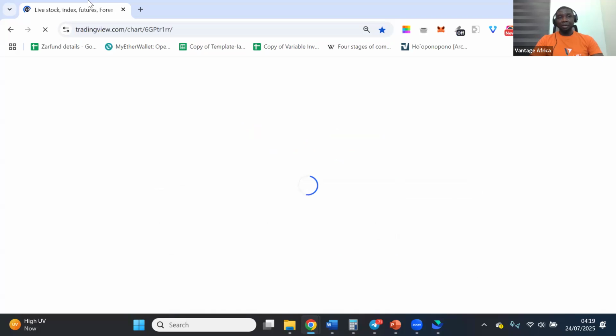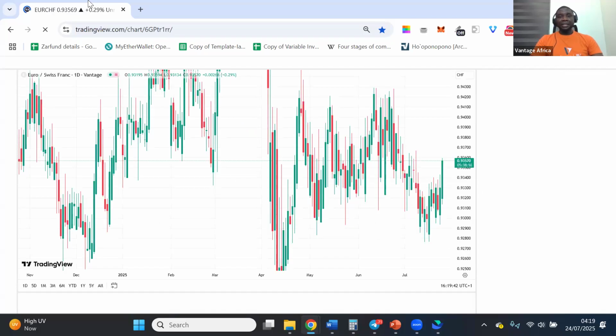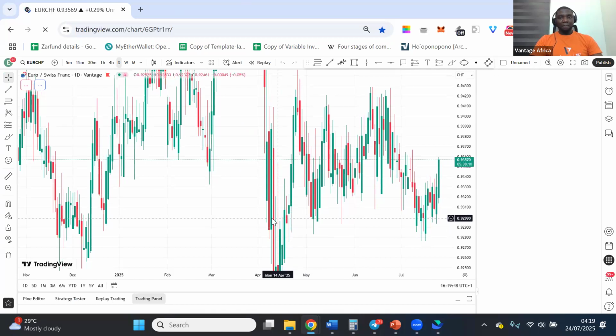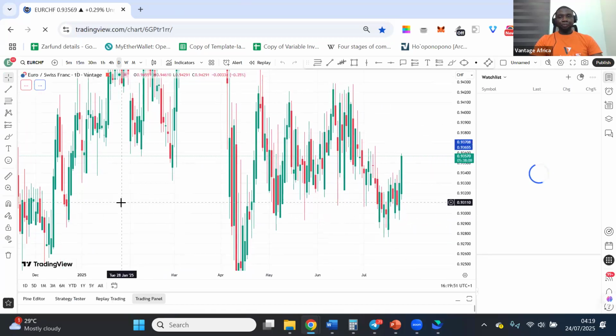So we talked about an uptrend and a downtrend. There's a third type of trend we call consolidation. Right? So let's look at that.